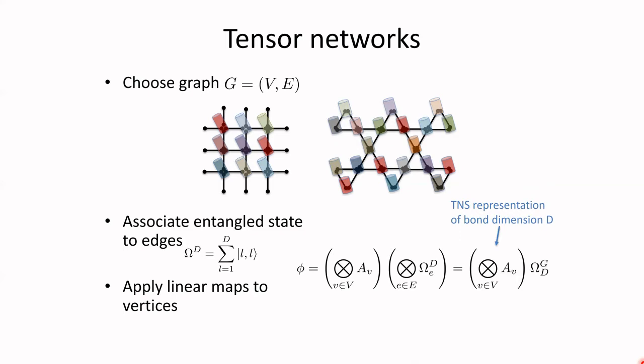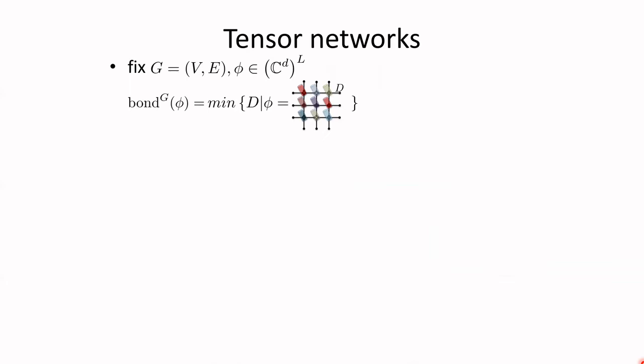And then a natural question to ask is, what's the expressive power of such a tensor network? Namely, for a fixed graph and given state phi, we can ask what's the minimal bond dimension that we need in order to represent the state with respect to this tensor network, and that's what we call the bond dimension of phi with respect to G. And we can also formulate the question the other way around.